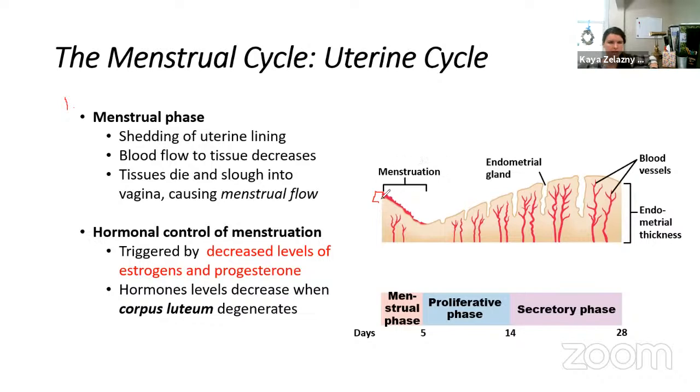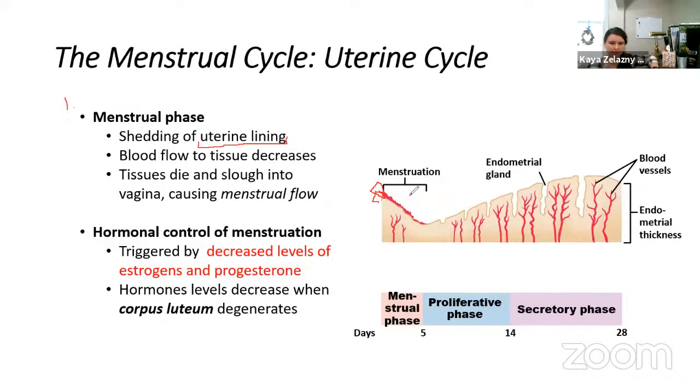That's why we have this red layer drawn on. That's just the innermost part of the endometrium, lining the uterus, so we might refer to it as our uterine lining. It is part of the endometrium, but we use the term uterine lining to specify the part that's going to be shed.